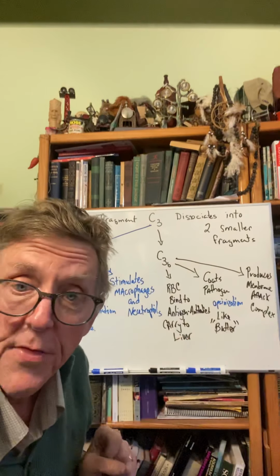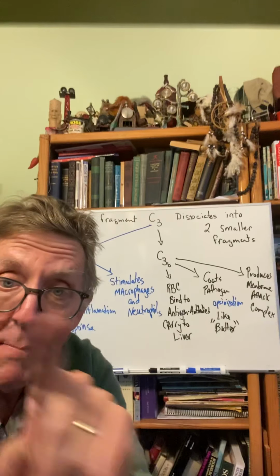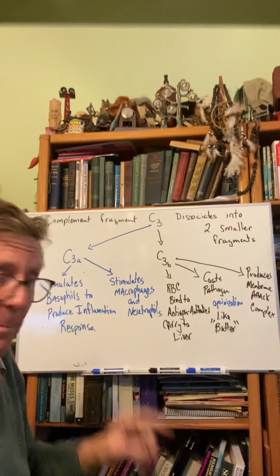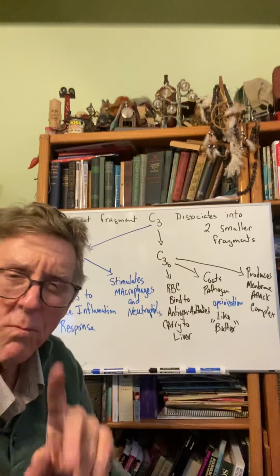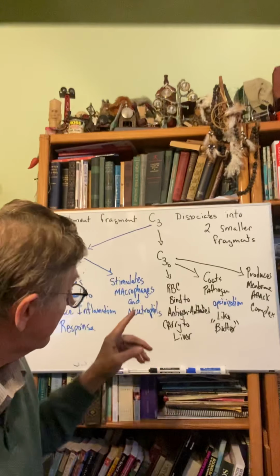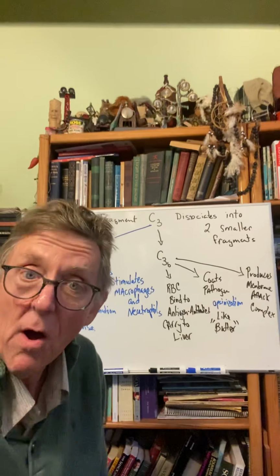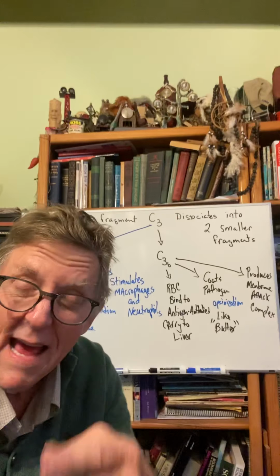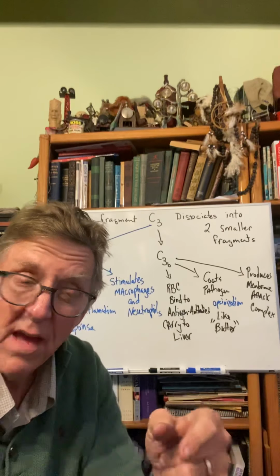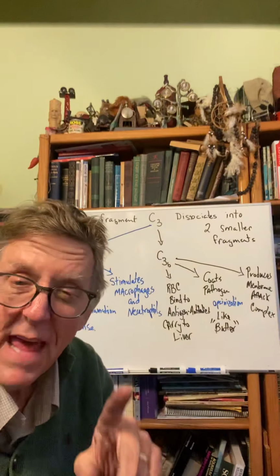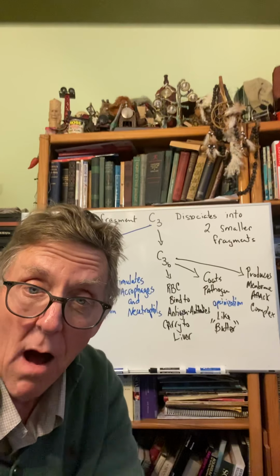Now we have this other fragment, C3b. C3b is going to do something kind of remarkable. What it does is it has an effect on red blood cells. It causes the red blood cells to pick up antigen-antibody complexes.